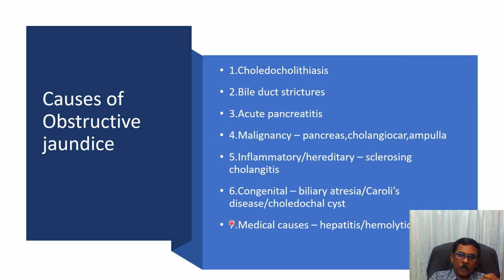The other causes are occasionally seen: sclerosing cholangitis, congenital biliary atresia, Caroli's disease, choledochal cyst, and of course, not to forget the other medical causes such as hepatitis and hemolytic jaundice.